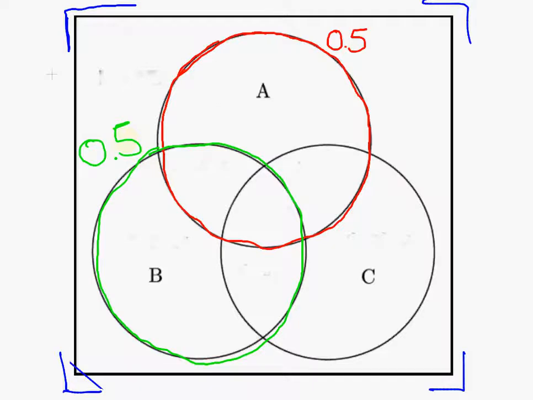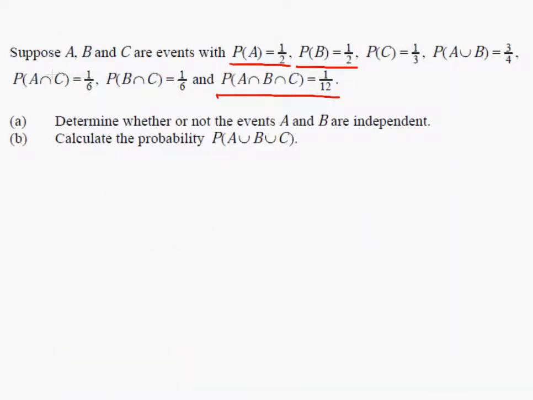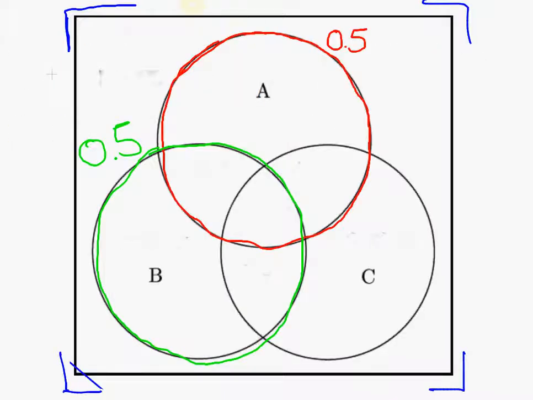And we are also told some information about C. We are told that it is 1/3. So let's make that magenta. That's 1/3, 0.33.